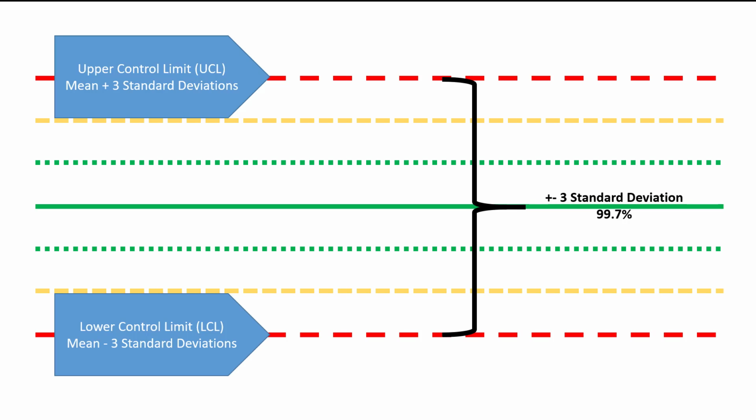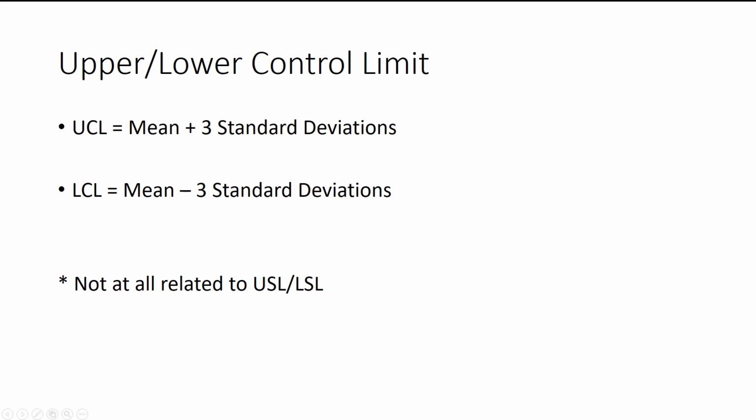The lower control limit is the mean minus three standard deviations. So you'll want to be able to calculate that. That's a potential quiz and or exam question. So again, the upper control limit, mean plus three standard deviations, lower control limit, mean minus three standard deviations. These are not at all related to the LSL and USL. We'll get more into those when we start talking about CP and CPK.